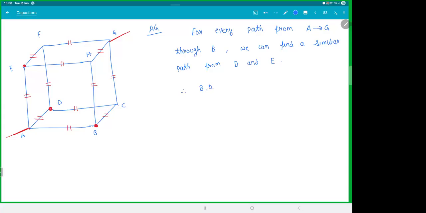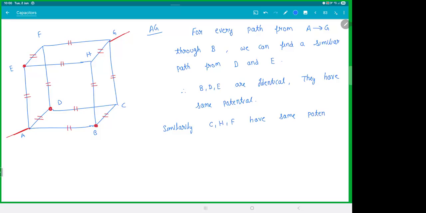So therefore B, D, and E are identical. They have same potential. If you have three identical paths, the current will flow equally through them, so they will maintain same potential profile. Similarly, you can also argue from the backside. Similarly, C, H, and F are same. And I told you this.